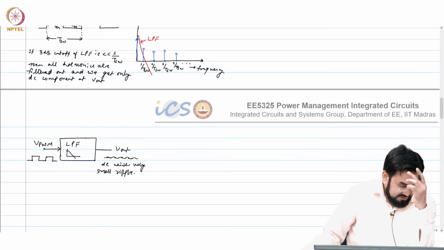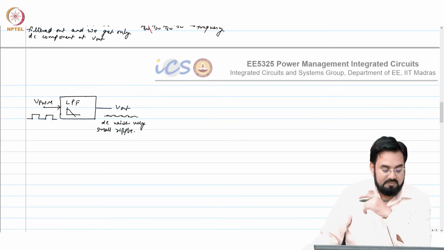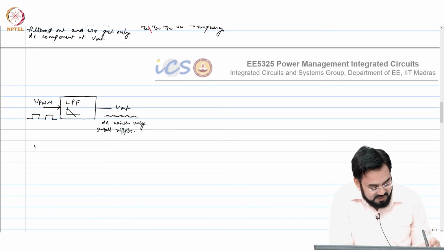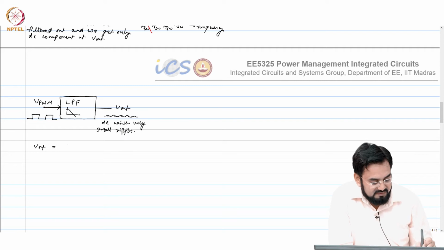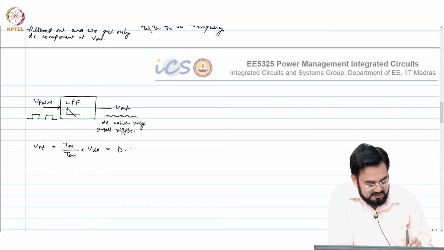And by the way, what is the DC component? V out is equal to the average value of that. So the average will be T on over TSW multiplied by VDD, which is nothing but duty cycle times VDD.